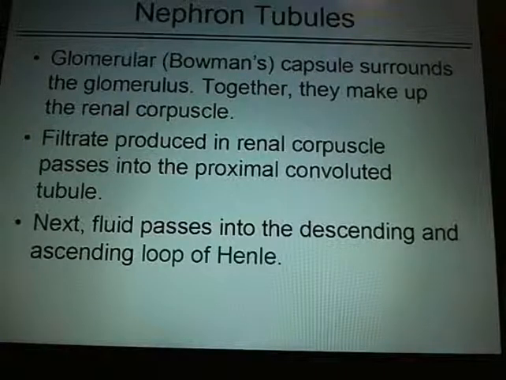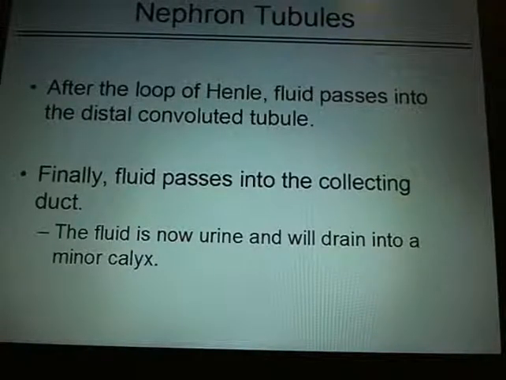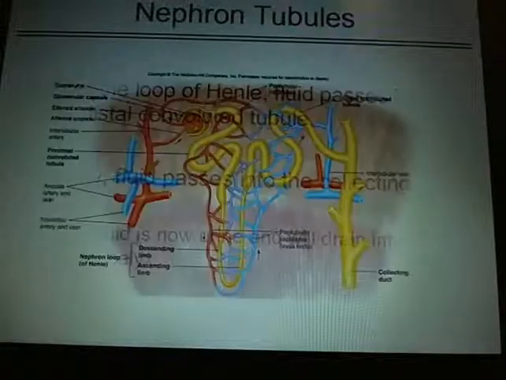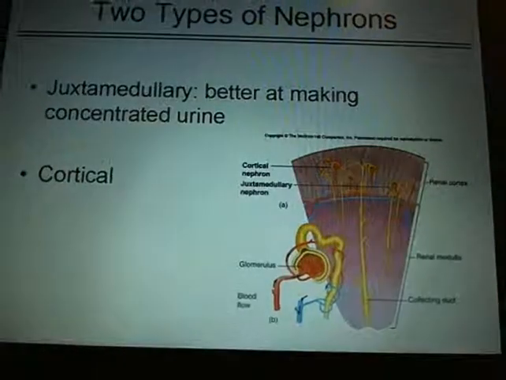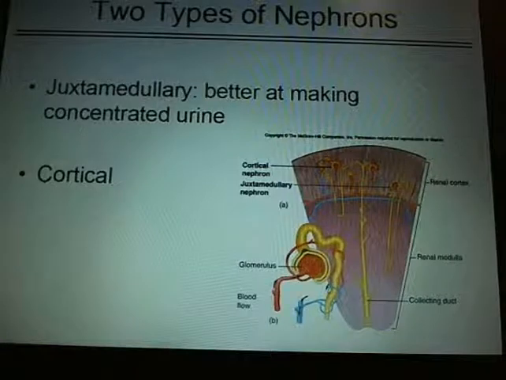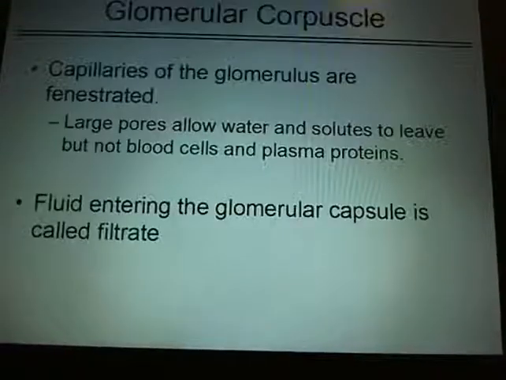Filtrate goes from Bowman's capsule into the proximal convoluted tubule, into the descending and ascending loop of Henle. After the loop of Henle, fluid passes into the distal convoluted tubule, finally into the collecting duct, and then starts its drainage process. Two types of nephrons, the juxtamedullary and the cortical. I'm not going to go into that.